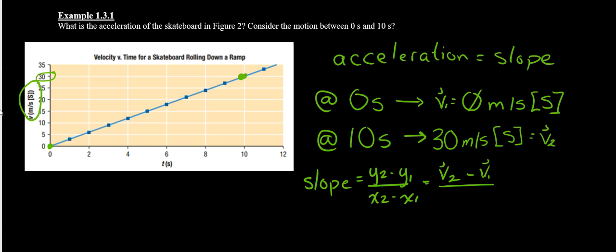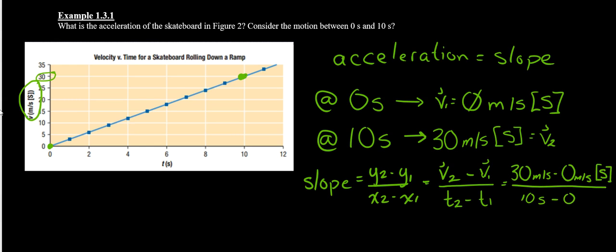It's divided by our x coordinates, which in this case are 2 different times. On the top, we get 30 meters per second minus 0 meters per second, all in the south direction, divided by our times of 10 seconds minus 0 seconds.